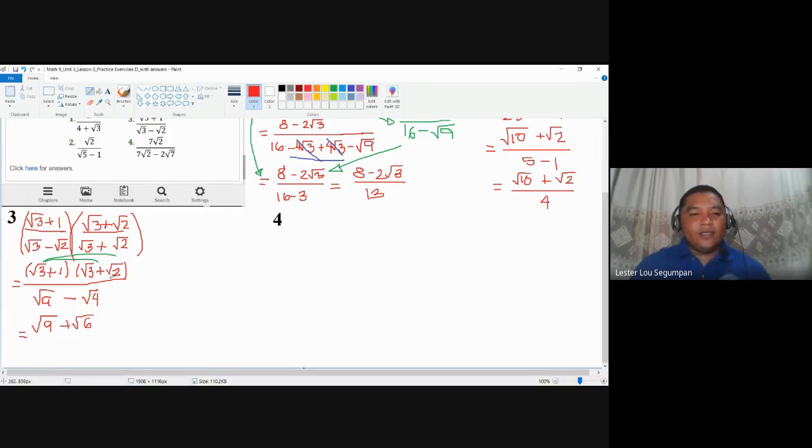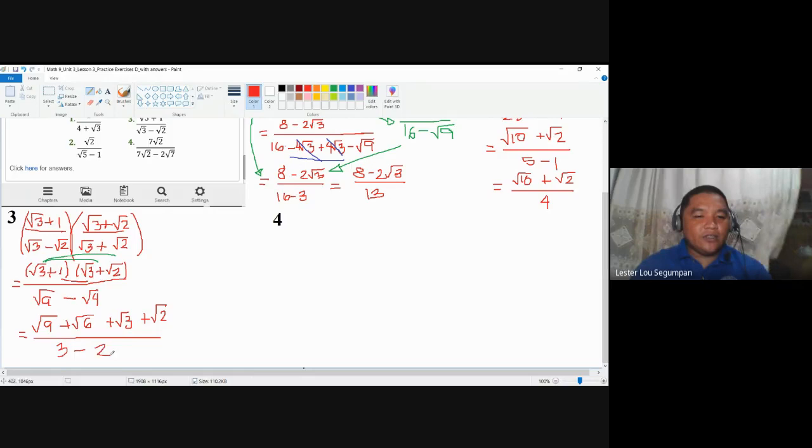Next, you have the inner, plus square root of 3. And the last terms, we have plus square root of 2. All over, the square root of 9 is 3 minus square root of 4, which is 2.